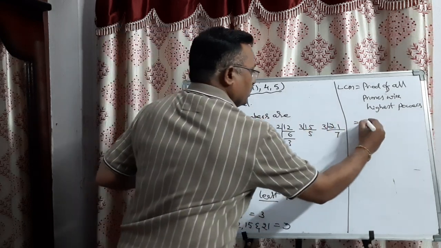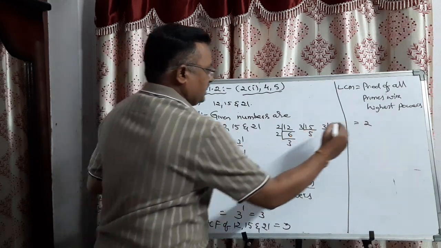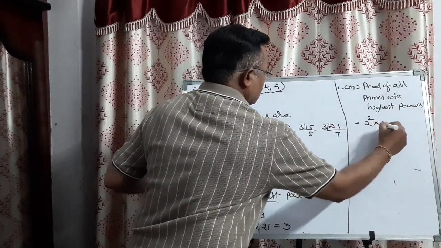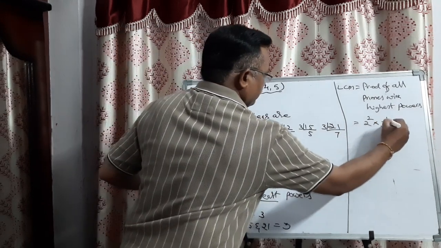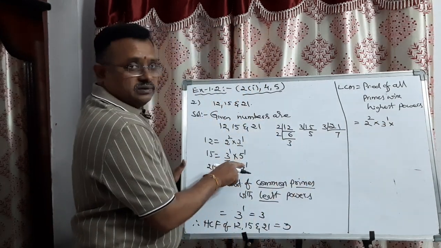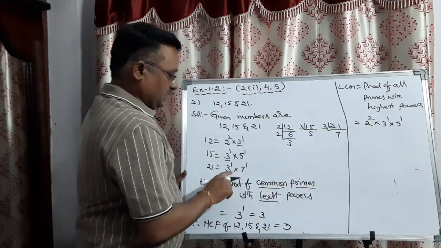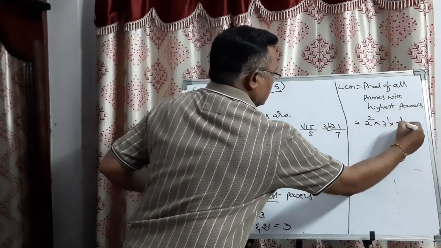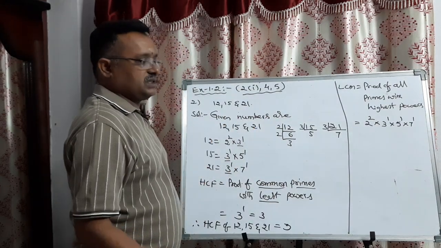Okay, now 2's highest power exists only one time, it is 2 power 2, into 3's highest power 1, 5's highest power 1 and 7's highest power 1. If there are different powers, choose their highest powers.